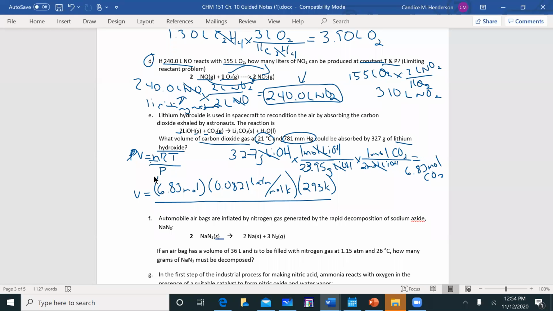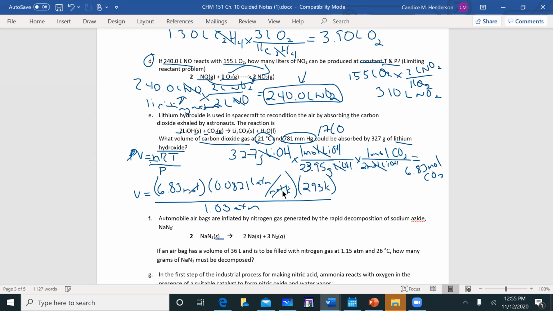We don't want mmHg. What do we want for pressure? We need atm. So we're going to take this number and divide by the 760 mmHg for every 1 atm. And our atm here becomes 1.03 atm. So we've combined our stoichiometry to get the amount to then use PV equals nRT.